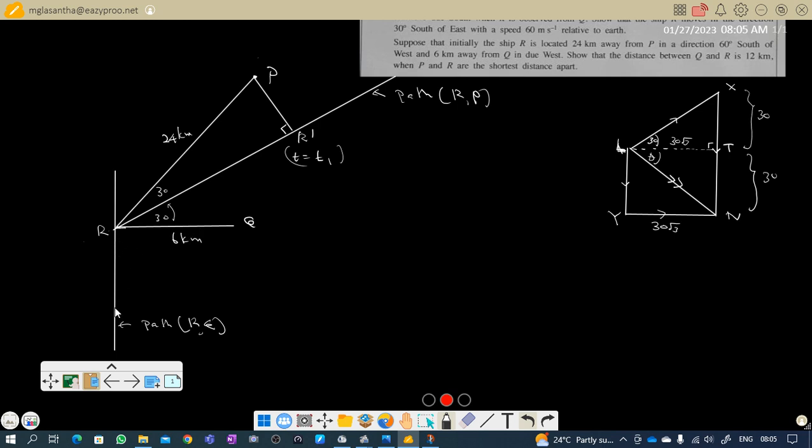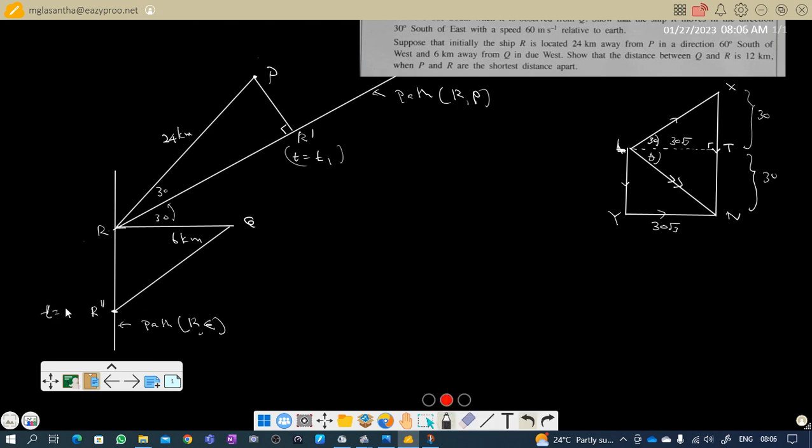So let R double dash be the position of R when P and R are closest, right?